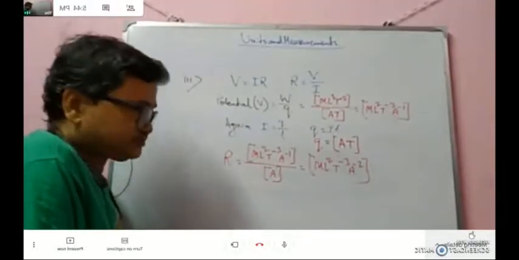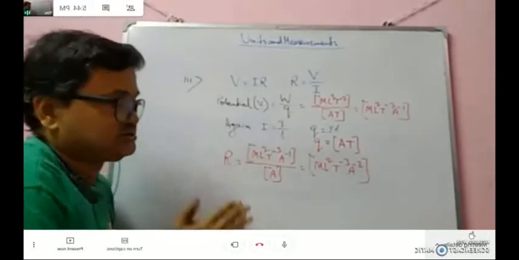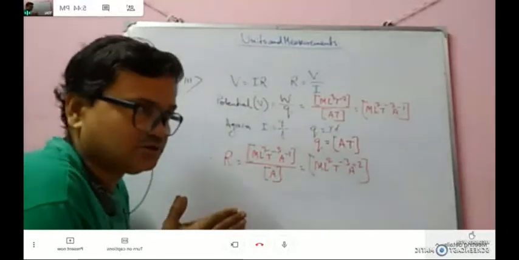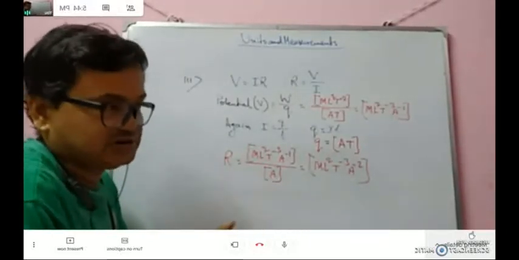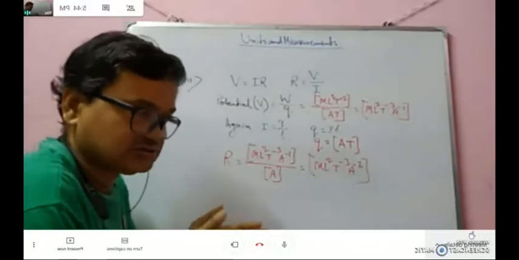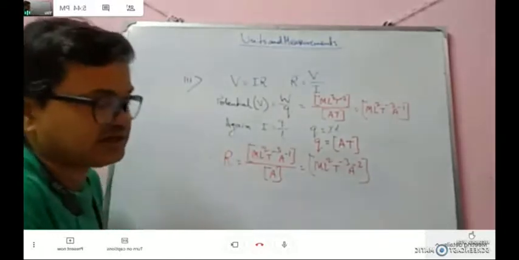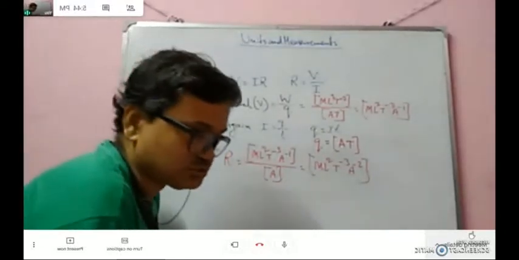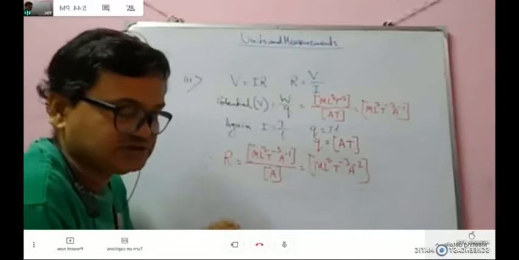Now, up to this we have seen different dimensional formulas, not only MLT, beyond MLT, the temperature, the current. Now, actually, this dimensional analysis is also used to find the physical formula.